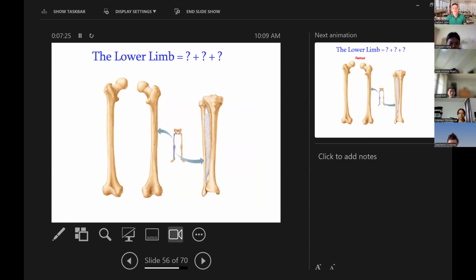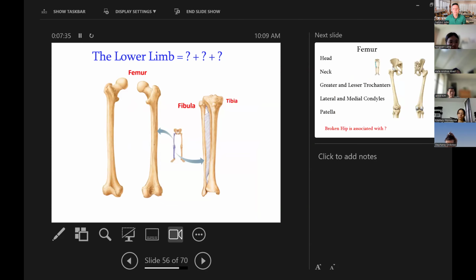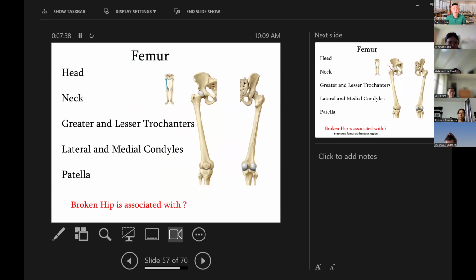All right. Moving on, let's talk about the lower limb now. The lower limb is made by the femur, the fibula, and the tibia. Let's start by taking a look at the femur and some important markings of the femur. Just like the humerus, the femur also has a head.